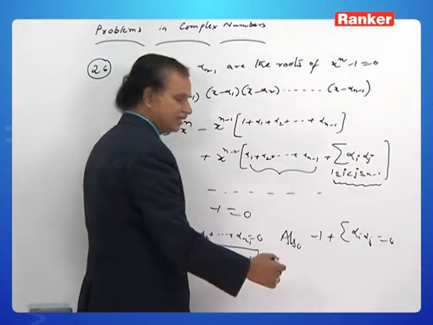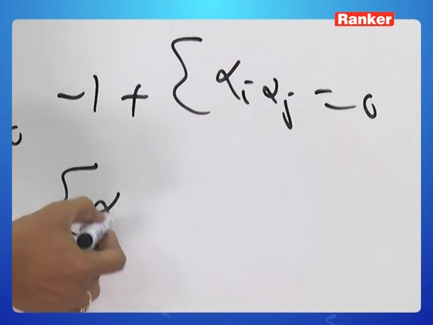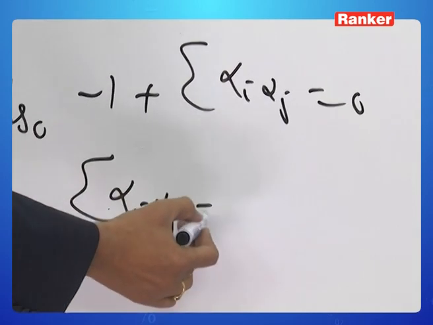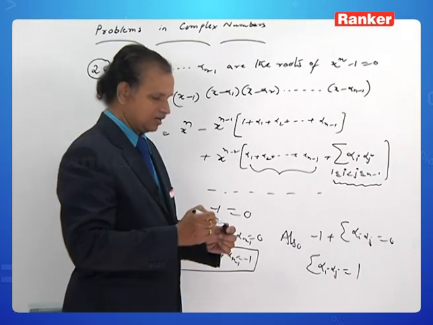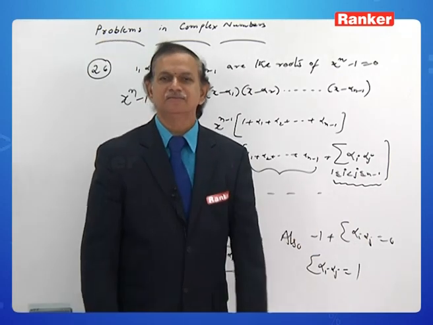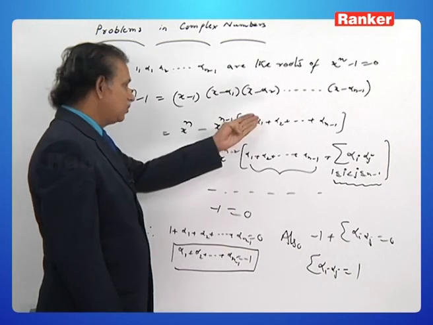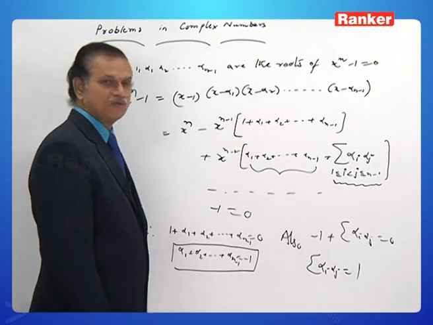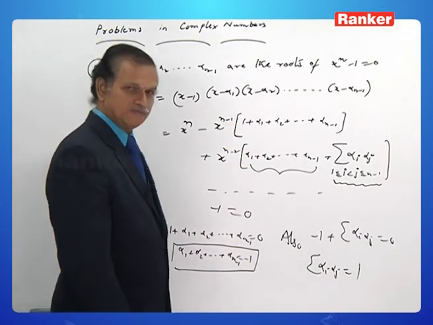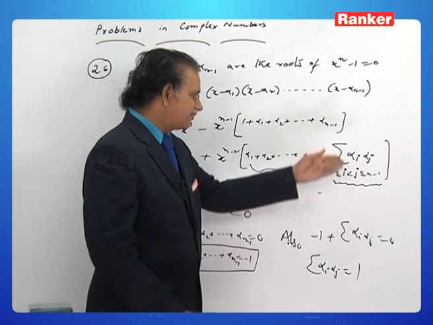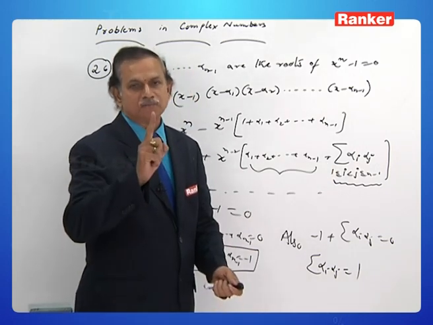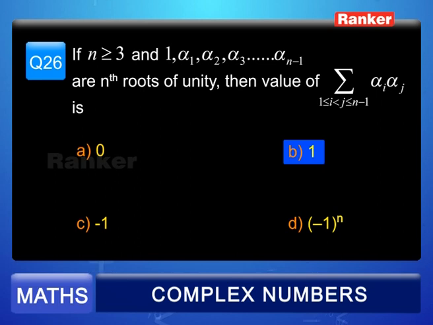You send minus 1 to that side, so that the required summation is 1. Here we are supposed to make use of these two coefficients. You equate this to 0 and equate this to 0 also, so that you will be able to have the required sum as 1. What is the right option? Option B is the right option. And what is the right answer? 1 is the right answer for this question.